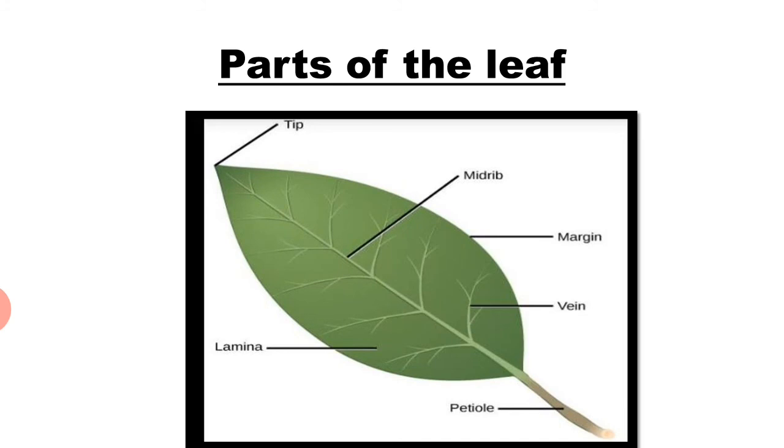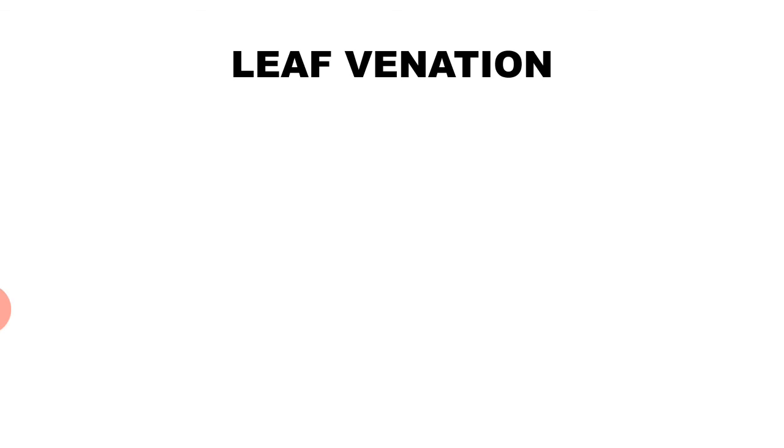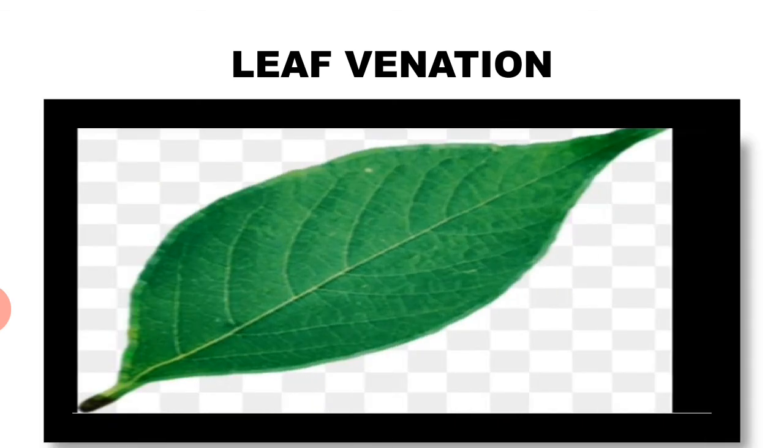There is a thick vein growing through the center of the leaf, and this is called the midrib. When you see all these things very carefully, you will see small lines on them. These are called leaf venation.